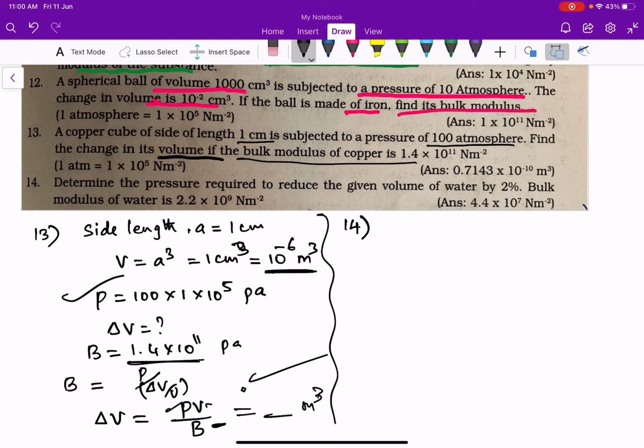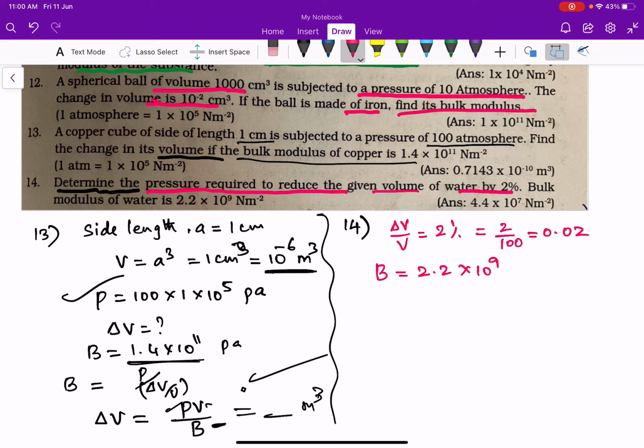Now problem number 14: determine the pressure required to reduce the given volume of water by 2%. The change in volume to original volume is 2%, that means 2 by 100, which is 0.02. Delta V by V equals 0.02. The bulk modulus of water, B, is 2.2 into 10 to the power of 9 Newton per meter square or pascals.